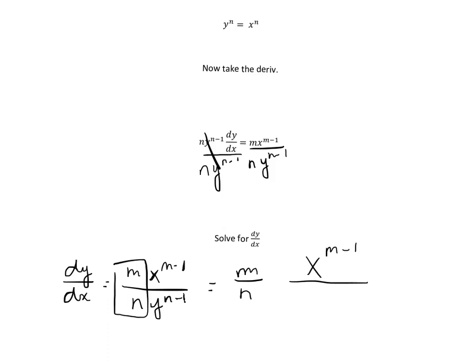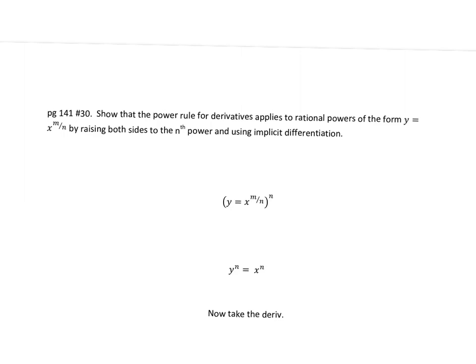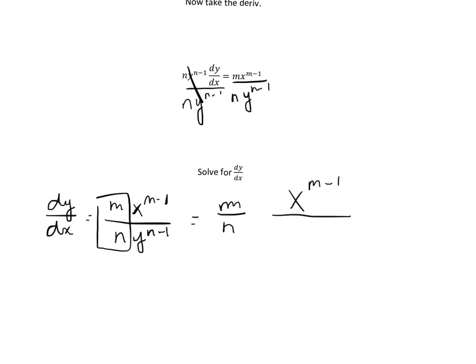And I'm going to have y, but y is already defined for us up at the top, which is x to the m over n power. So I'm just going to substitute there. So it's going to be x to the m over n power, and that is being raised to the n minus 1 power.